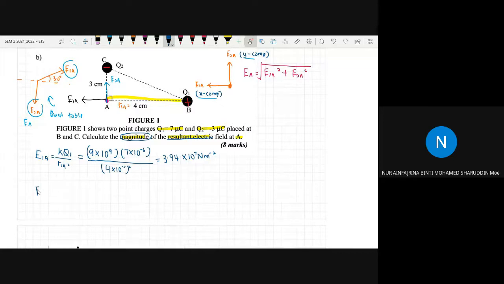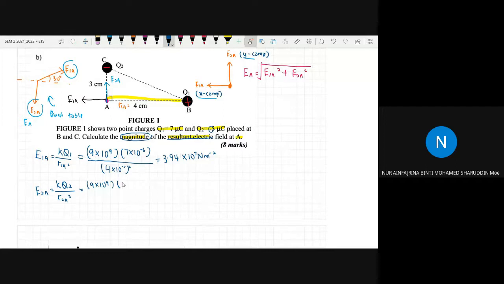Okay, so for E2A, sama juga formula dia iaitu KQ, cuma sekarang dia adalah charge 2 dan dia punya jarak is from charge 2 to point A. So K adalah 9 times 10 to the power of 9. And then charge 2 is negative 3 microcoulomb. I have a question. Do I need to put the negative or no need? Perlu ke? No need.